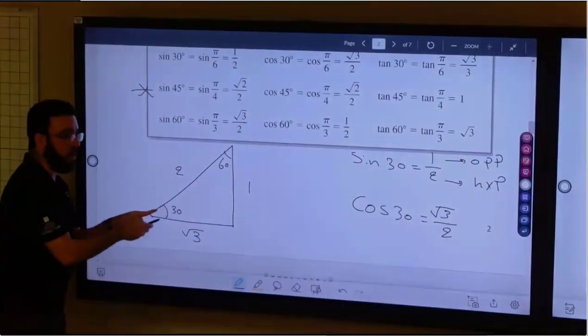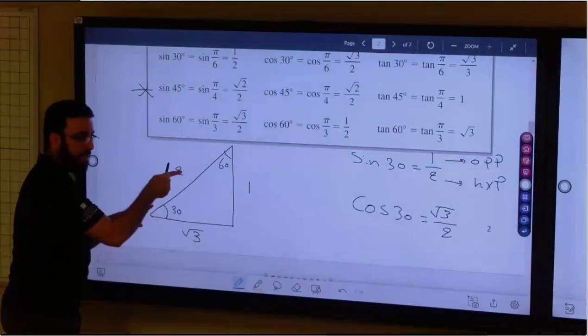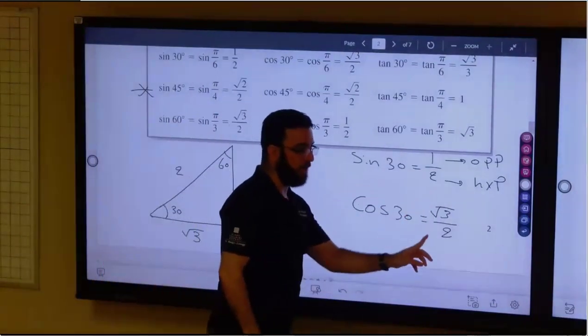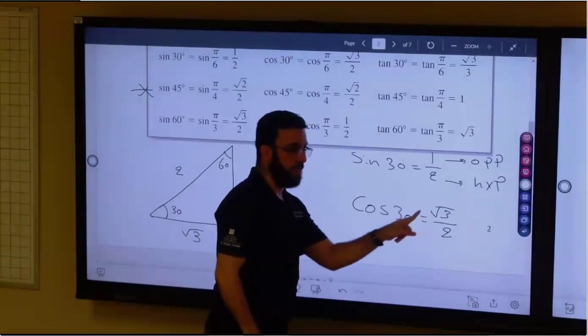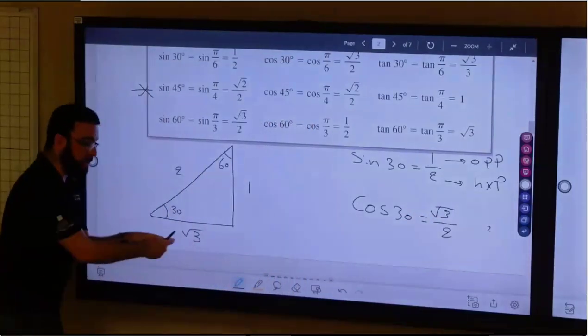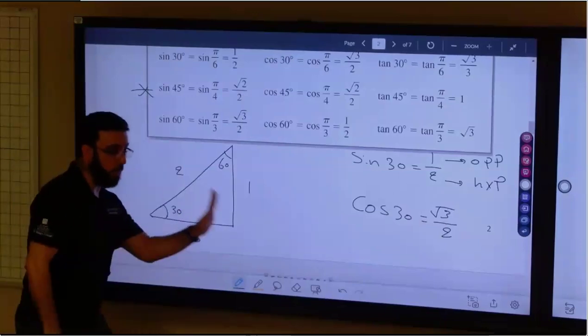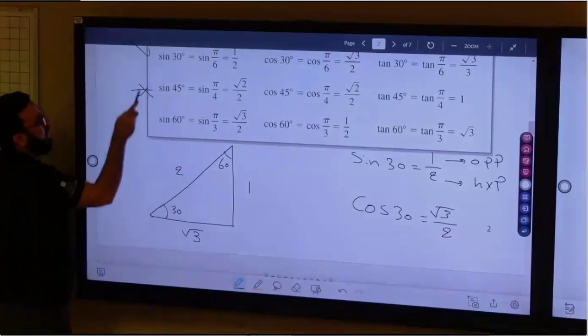Here is theta. Where is the opposite? Where is the hypotenuse? 2. You got it? The cosine is what? Adjacent over hypotenuse. Adjacent is what? Square root of 3. So this is square root of 3 and the same number here. You got it? So if you know this triangle and the angles, you know the sine and the cosine.